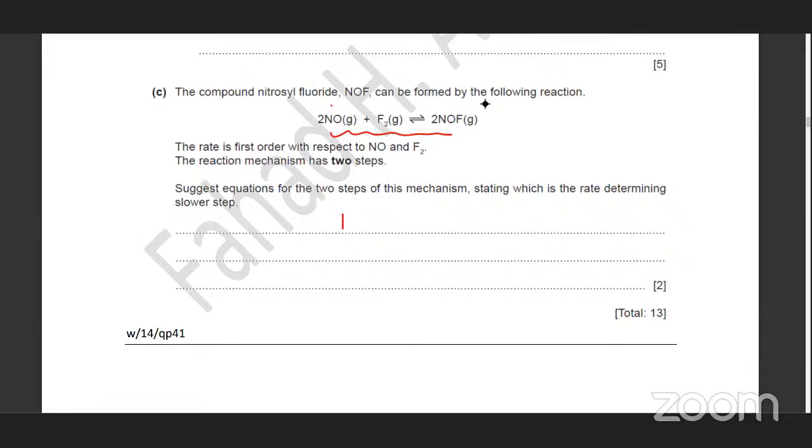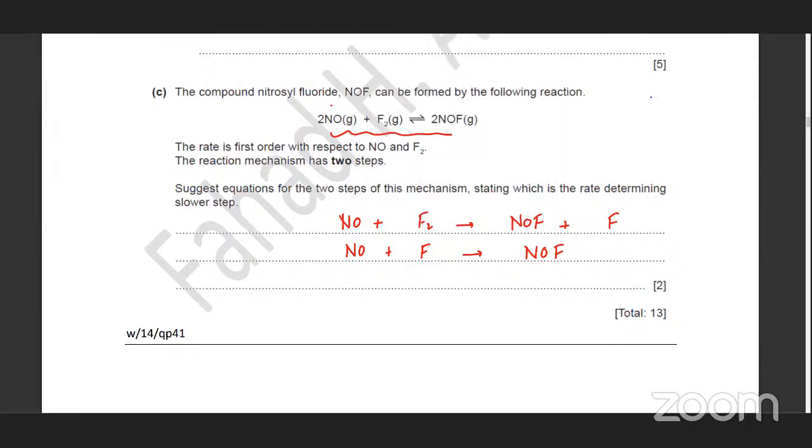So what I'm going to do is I'm going to react NO with F2, and let's say it takes one of the F, और एक F produce हो गया, and then this other F goes and reacts with the other NO, and at the end of the day you get 2 NOF. Okay, so let's say this is my mechanism. Now, if this is my mechanism, तो उससे क्या है कि first order with respect to NO and F2.